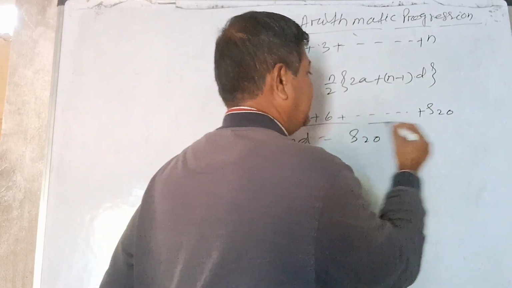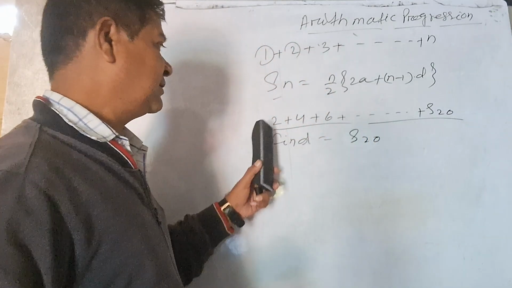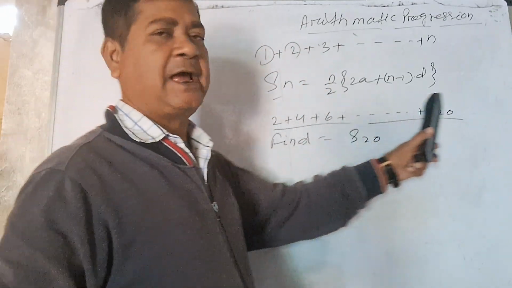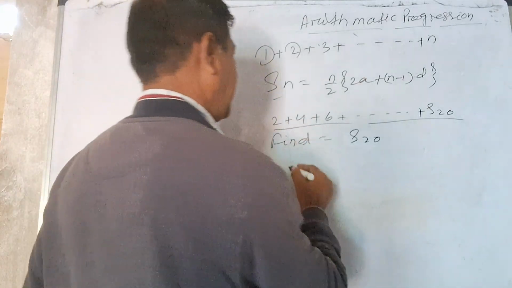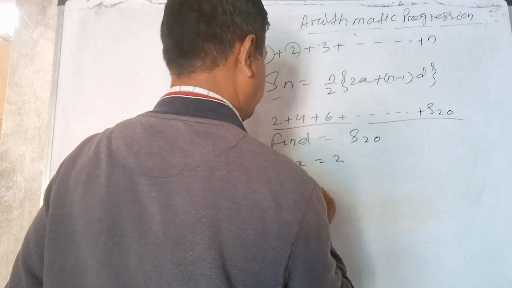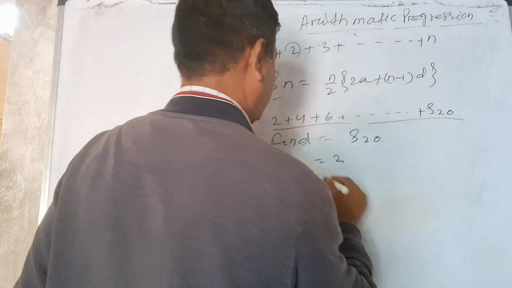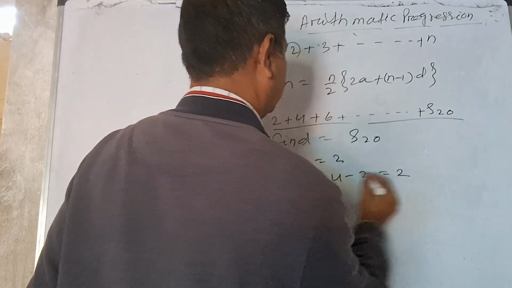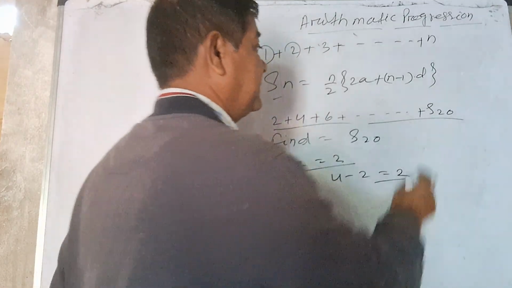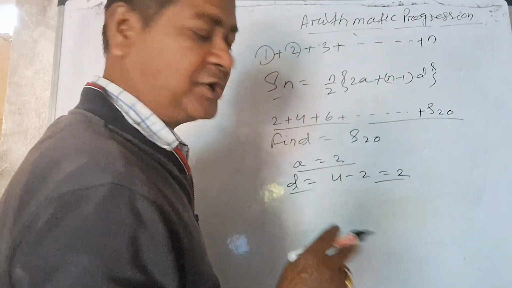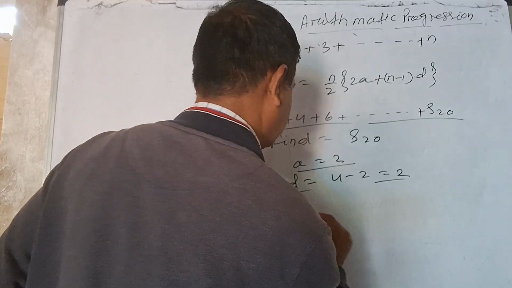In this number sequence, the numbers are in arithmetic progression: 2, 4, 6. A is 2. D equal to the common difference, 4 minus 2, 2. A is 2, d equal to 2. We will find the sum of 20 terms. N is 20.